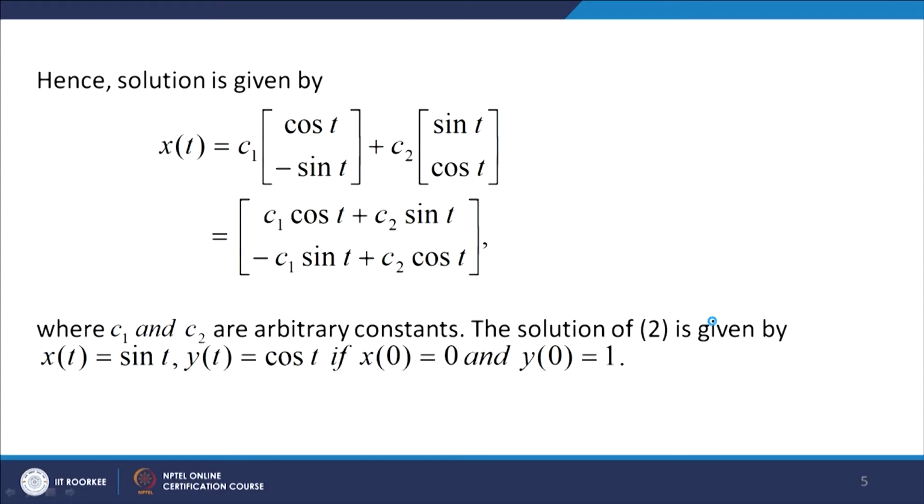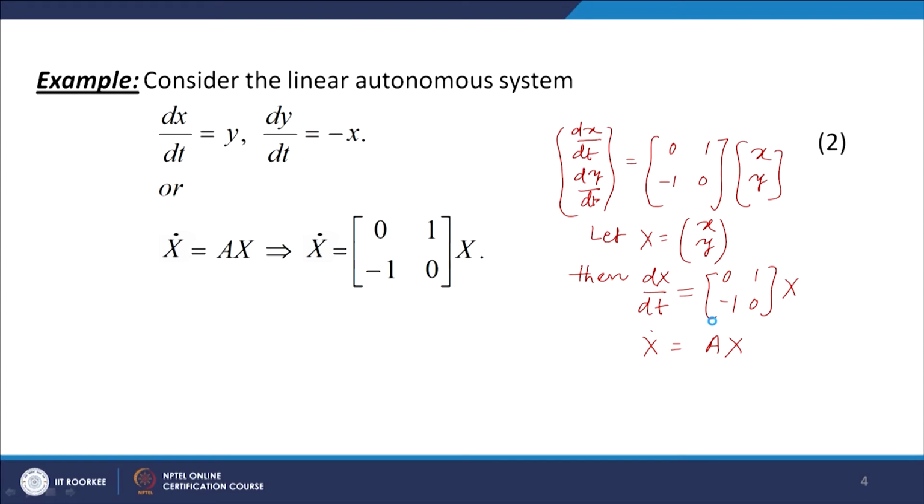So, the linear autonomous system can be expressed in this form. Now, we know that the solution of this system x dot = Ax, where A is the matrix [0, 1; -1, 0], can be found easily. This we have discussed earlier.